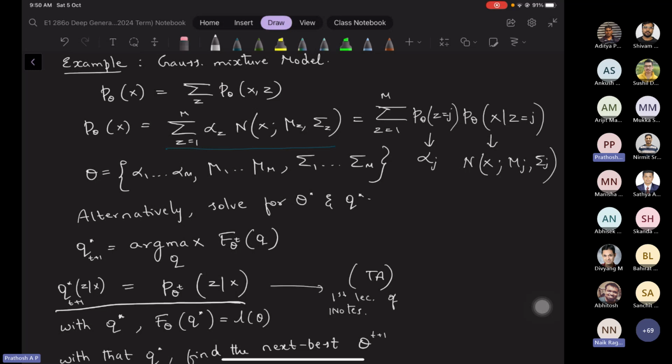So p theta of z equal to j is given by alpha j, right? Which means that if we take this over all j, they should sum to 1, and all of these have to be non-negative because they are probabilities. That is why it has to be a convex combination.